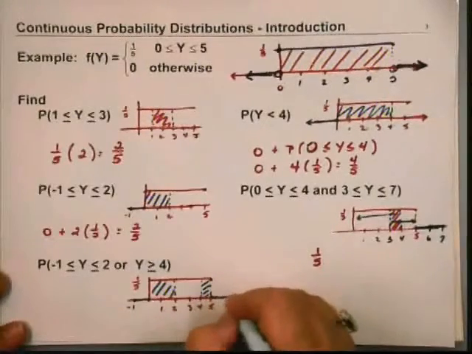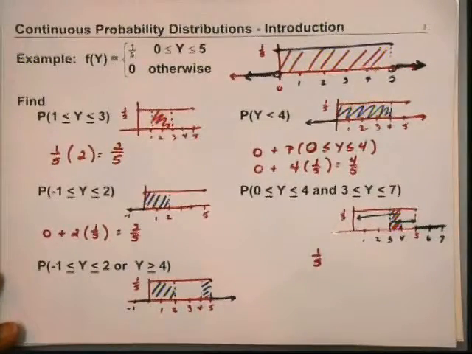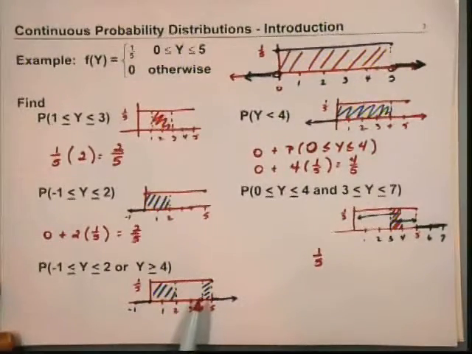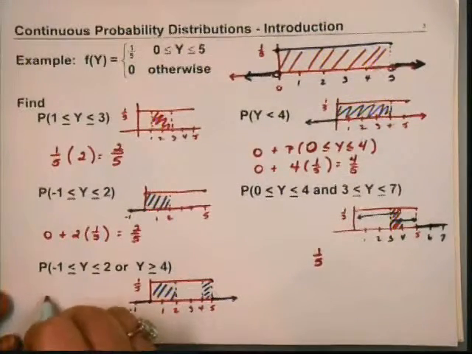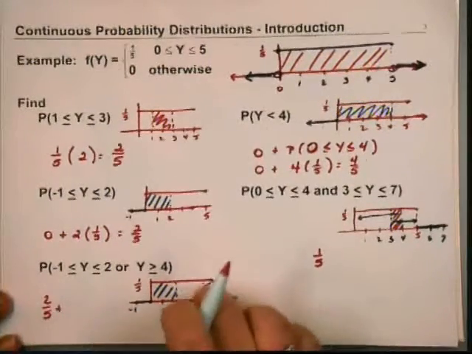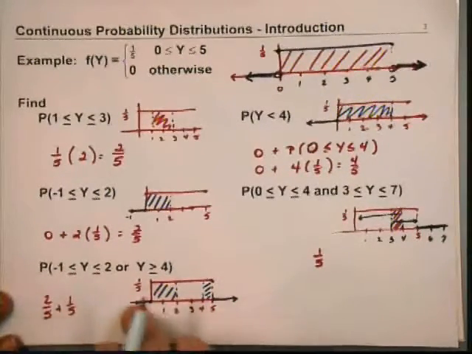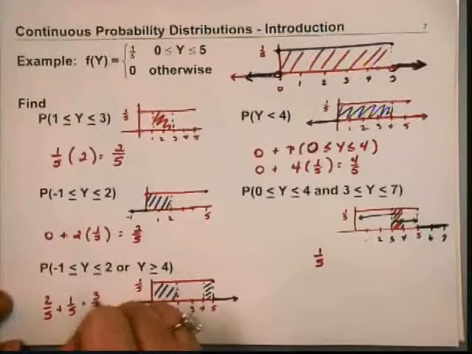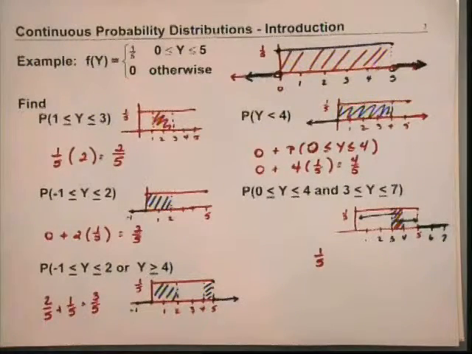We pick up another 0 bit down below. So if either of those is true, it's either here or here. There is no both to subtract, right? Remember we talked about or last time. For events A or B, the probability of event A plus the probability of event B minus the probability they both can happen. There is no overlap here in this case. So for us it's this 2/5 plus this 1/5. And if you wanted to note that you're accounting for all the pieces, you've got a 0 here and a 0 here. So this probability is 3/5.